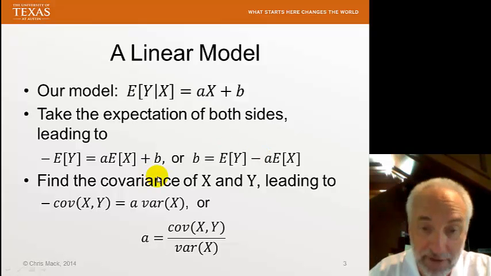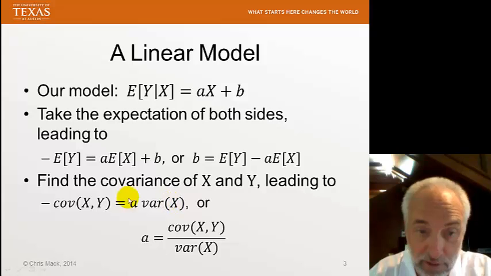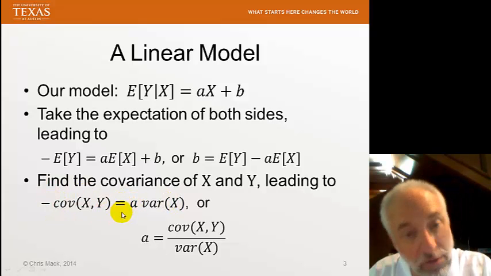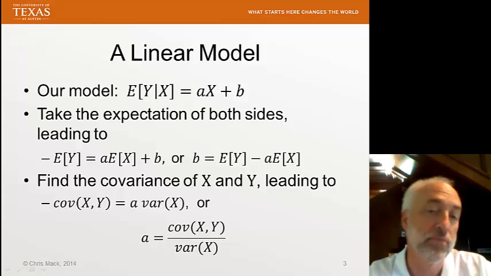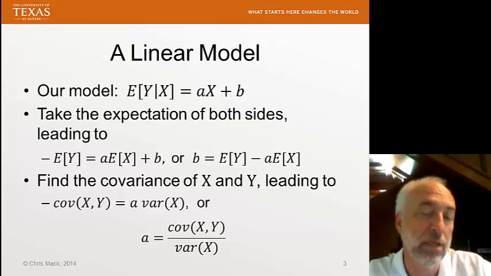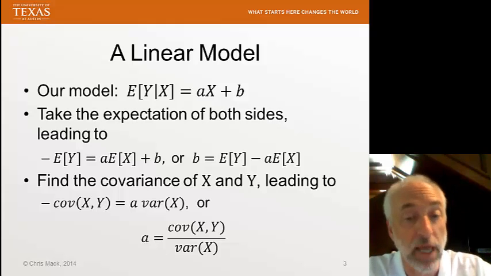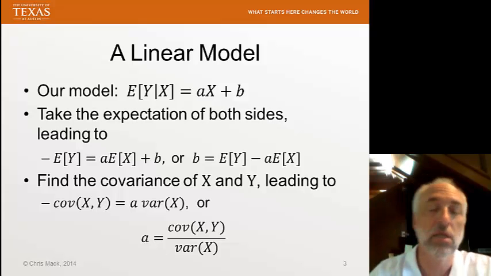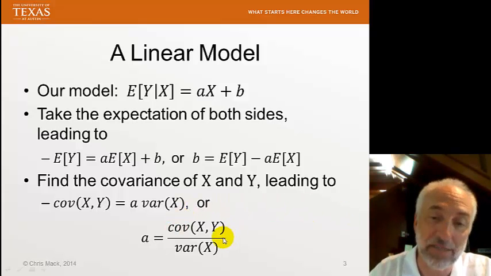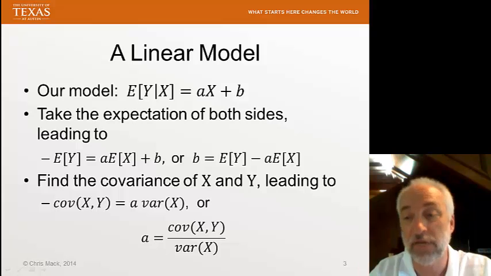So whatever variance I have in x, I multiply it by this slope a, and that tells me about the covariance of x and y. If you think about it, it does make intuitive sense. But what this allows me to do is solve for a, the slope of my linear model. A is simply the covariance of x and y divided by the variance of x.